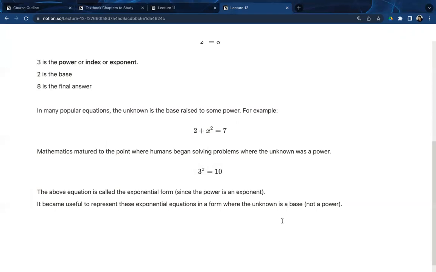So what does this say? This says x is the power that 3 must be raised to give 10.